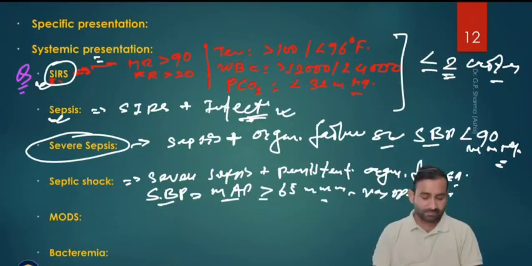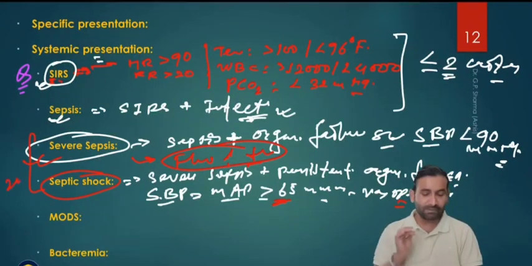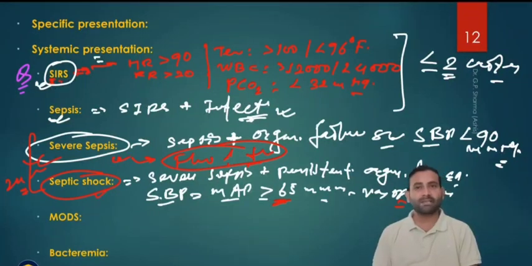In severe sepsis, this can be maintained by fluid therapy, but in septic shock, fluid therapy cannot maintain the mean arterial pressure more than 65 mmHg, and we need the vasopressor support. Is that okay? And both of these should be present for at least 24 hours. So this condition is severe sepsis or septic shock.